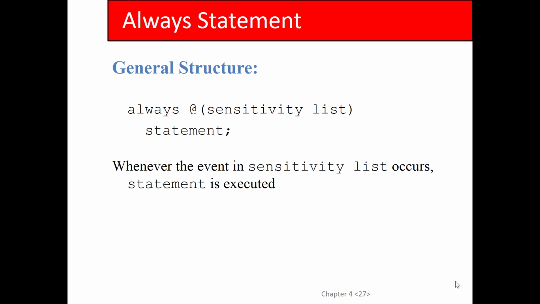You can imagine what would go in the sensitivity list. It would be the clock, right? So if you have an always statement containing a block of code, inside that block you can implement sequential logic, and then the sensitivity list would have the clock, and anytime the clock changes state, it will activate that always statement and update the outputs.